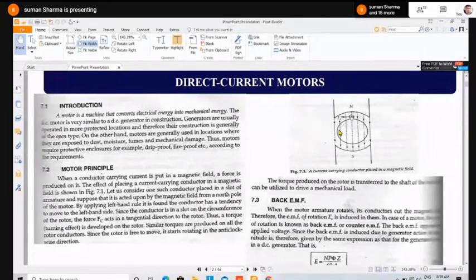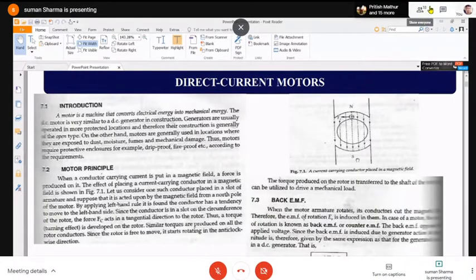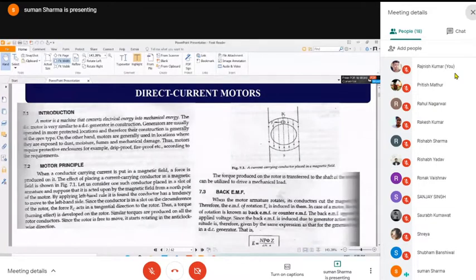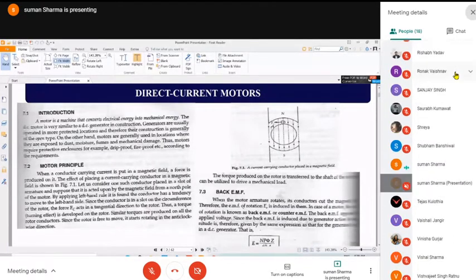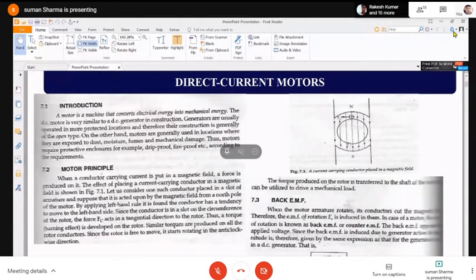According to Lorentz force, the force will be perpendicular to both the direction of the current as well as the flux lines. Now flux lines are flowing from north pole to south pole. These are parallel lines, these are the flux lines. So perpendicular to both of these, there will be force.